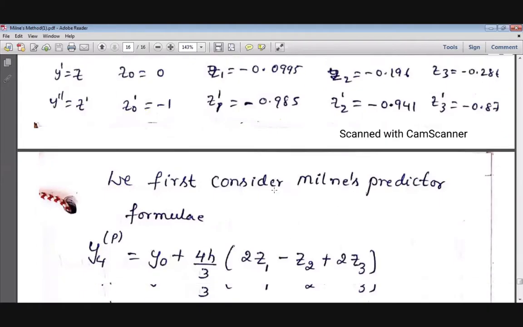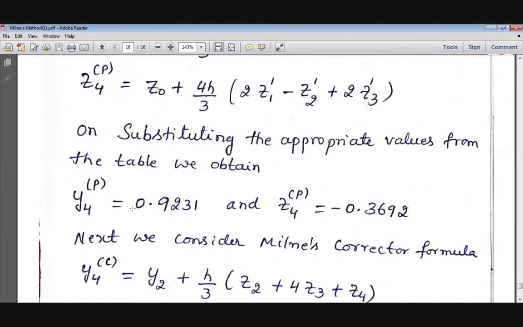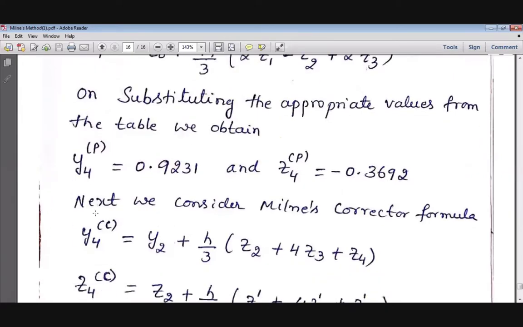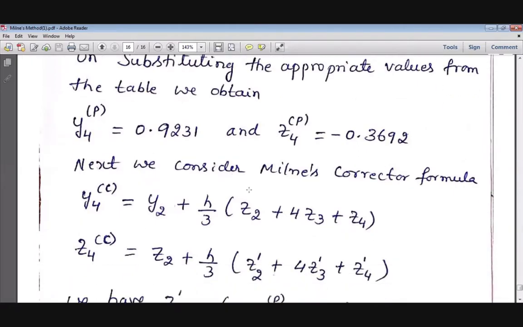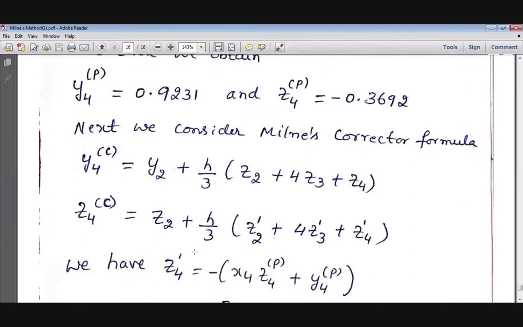So apply all the values. You will get y4 of p as 0.9231. Then again, if you apply this, you will get z4 of p as minus 0.3692. Now, take corrector formula. y4 of c equal to y2 plus h by 3 into z2 plus 4z3 plus z4. Then z4 of c is z2 plus h by 3 into z2 dash plus 4z3 dash plus z4 dash.